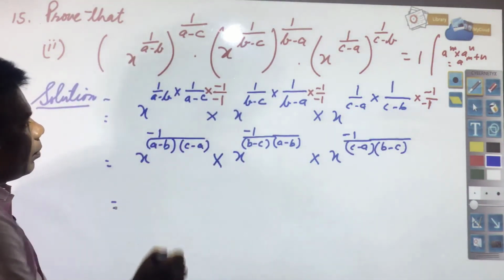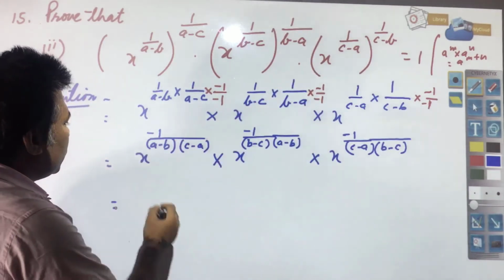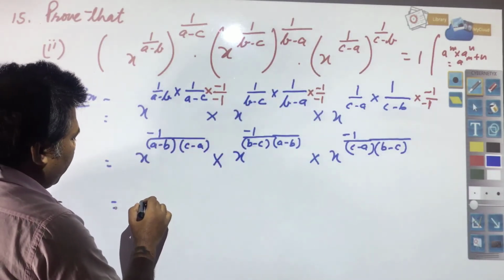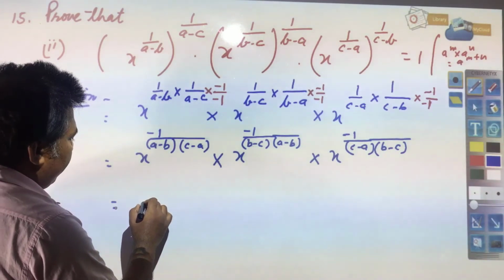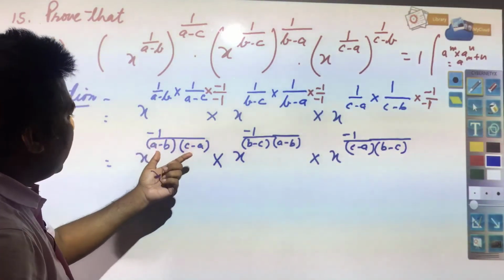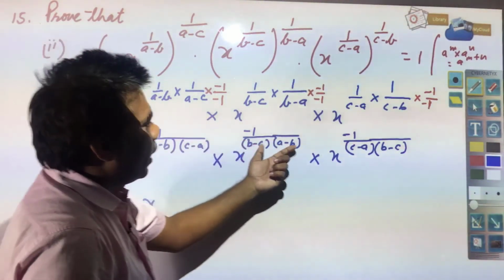Now, you see, we will apply that formula. So, this will be x to the power a to the power m plus n plus p.